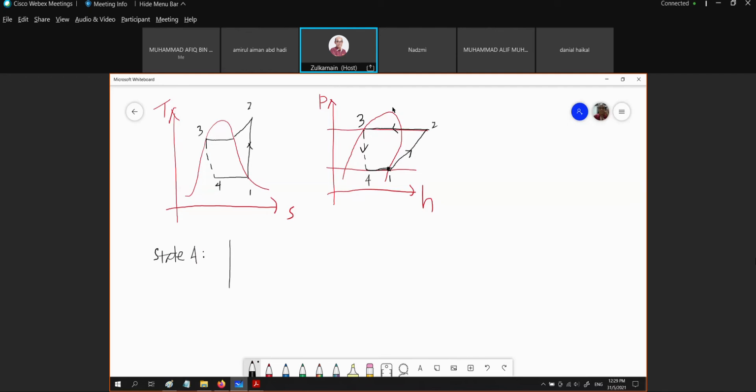I can see that at this state 4, I'm having a two-phase mixture of liquid plus vapor.